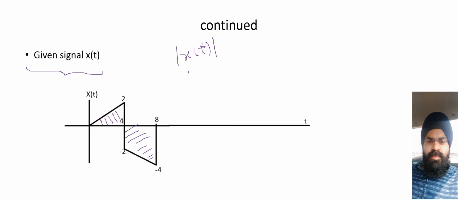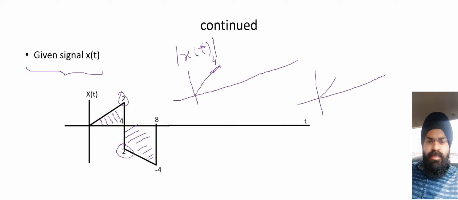So how to calculate modulus? In the modulus, the negative value also comes to the positive side. So modulus of signal xt: this negative portion will also come to the positive side, and the resultant waveform will be this triangular wave, like this.